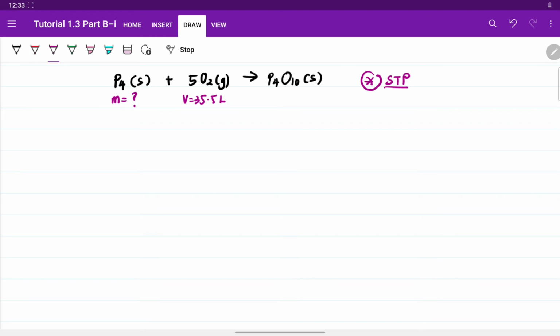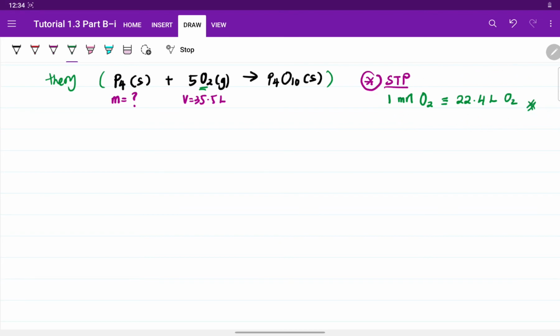Ingat warna hijau, dekat sini adalah teori. Anything that is green color is theory. So based on theory, pada STP, since kita nak fokus pada oksigen, 1 mole of oxygen gas akan ada 22.4 liter oksigen. So yang ni maklumat kita.